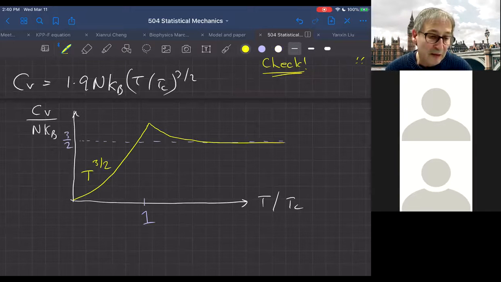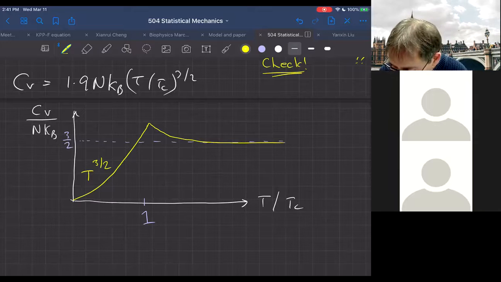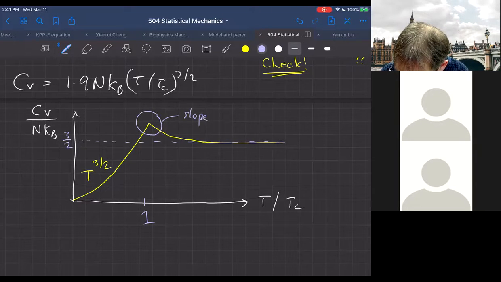So the heat capacity of an ideal Bose gas is considerably different below Tc from the heat capacity of an ideal classical gas. Now this thing here is a slope discontinuity, as you can see.